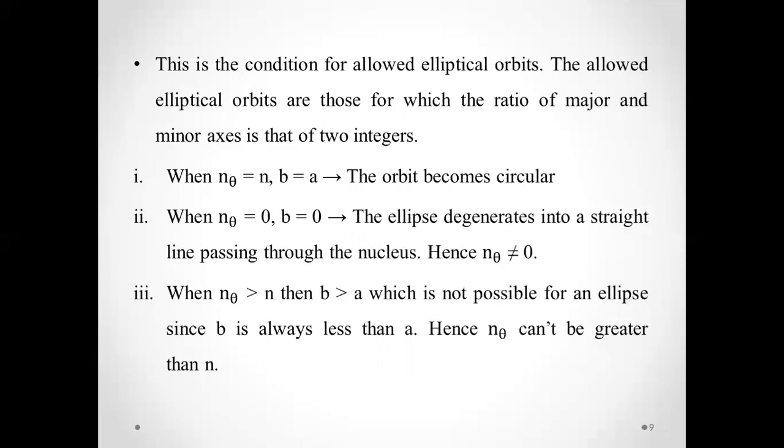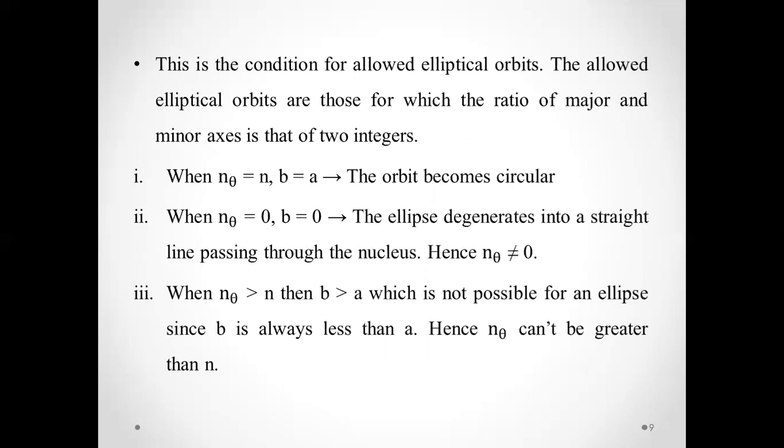Now, let us substitute as a first condition when n theta is equal to n. It implies b must be equal to a, which means the orbit is a circular. Condition 2, when n theta is equal to 0, then b becomes equal to 0. This shows that the ellipse degenerates into a straight line passing through the nucleus.